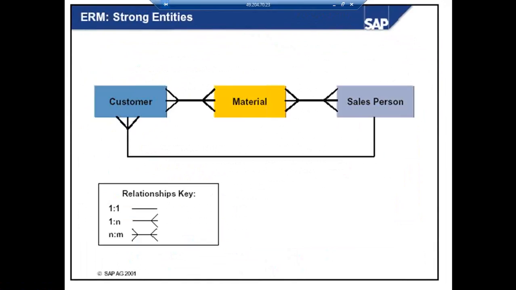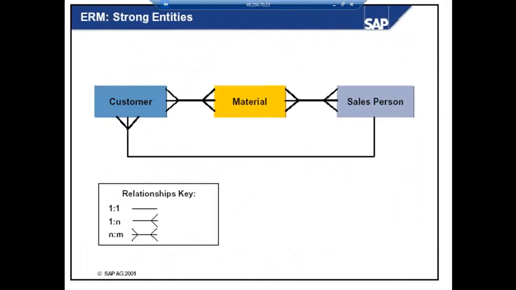You know what an entity is? The thing of your interest related to that business process which has its own properties, its own attributes, is called an entity. The only criteria is it should be related to the business process and should have its own properties. Now we are speaking about sales. Customer is an entity, material is an entity. The salesperson or the sales employee who is involved in that business process is also an entity.